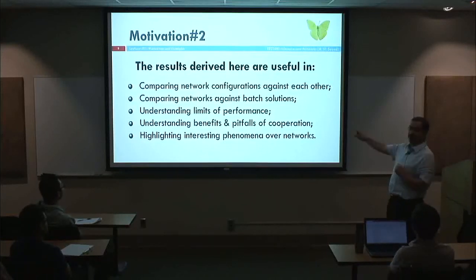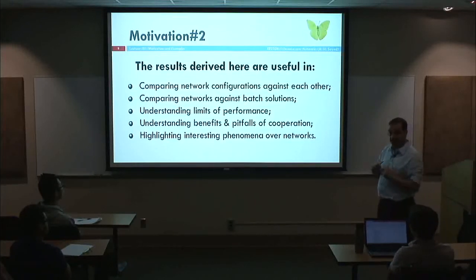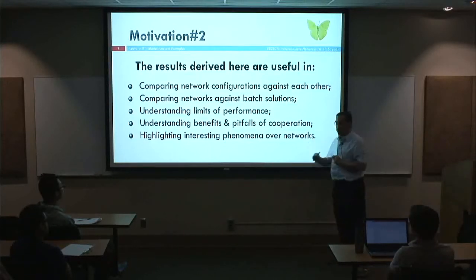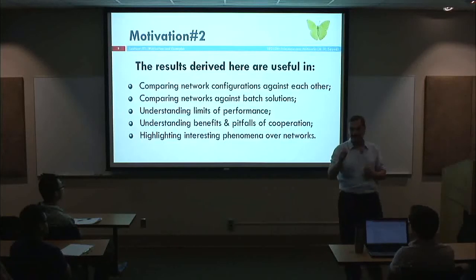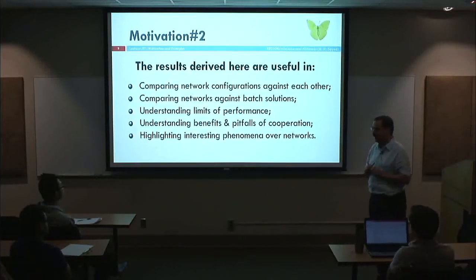And does it always help to cooperate, to work with others? You are going to see that sometimes the performance may go down for certain reasons you are going to understand. When you put agents to work together over a network, some interesting phenomena come up that are specific to the network structure, and I'm going to highlight them throughout this course.